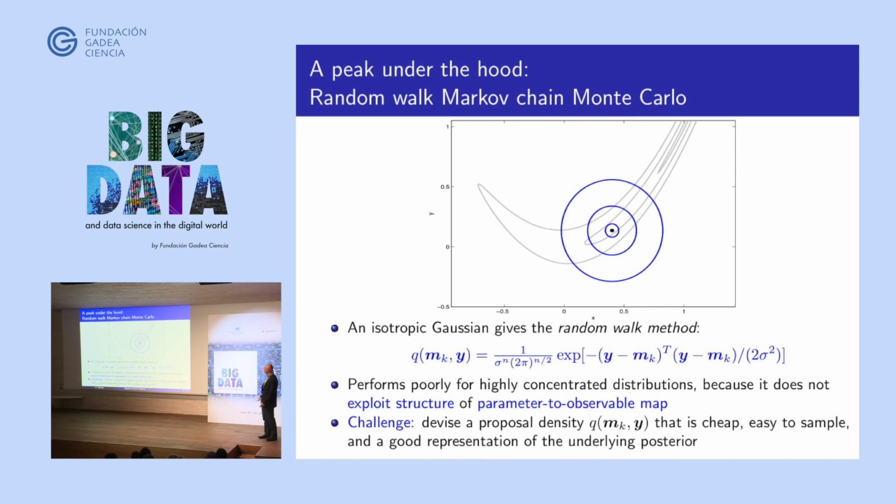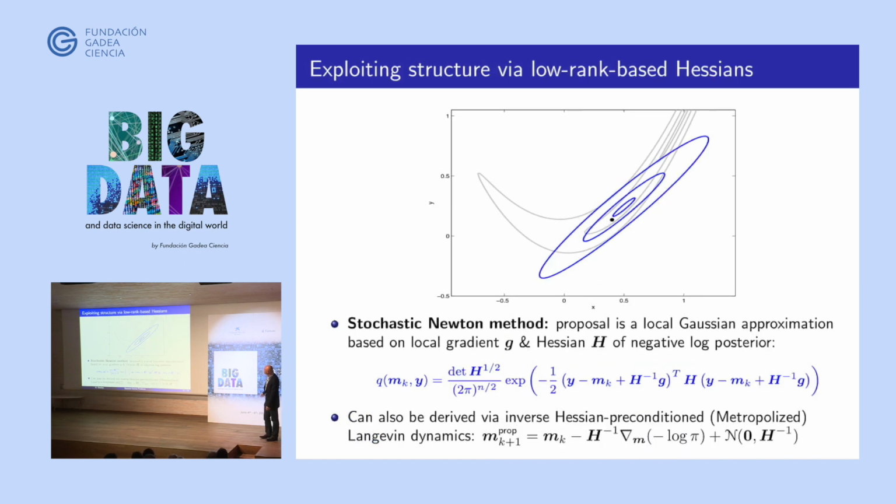And so, of course, the challenge is to construct a proposal density that looks like the underlying posterior, but is cheap to evaluate. The idea is you can use a proposal that understands to 2 derivatives the structure of this posterior.